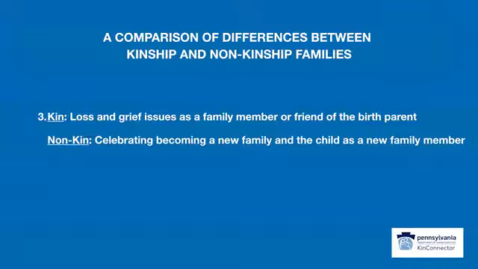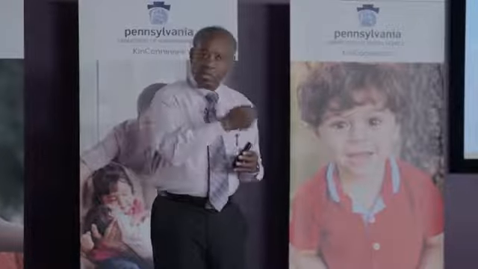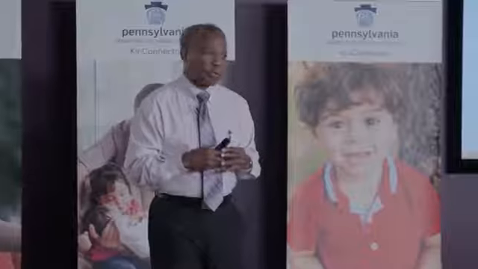Loss and grief. Now I feel like I'm turning into a grief counselor, but even if you don't do it, you still want to assess it. The fact is that there is a pre-existing relationship with that birth parent. Even if you don't like them, you can still hurt for them.